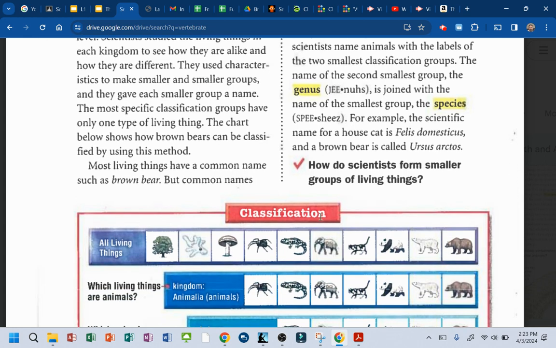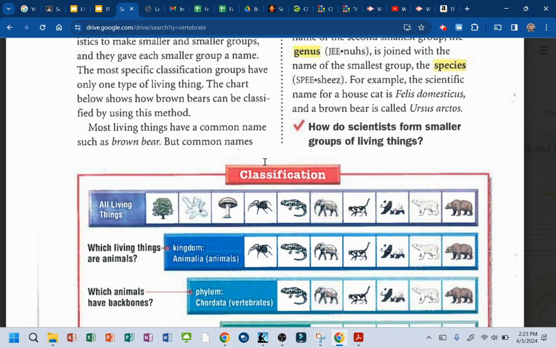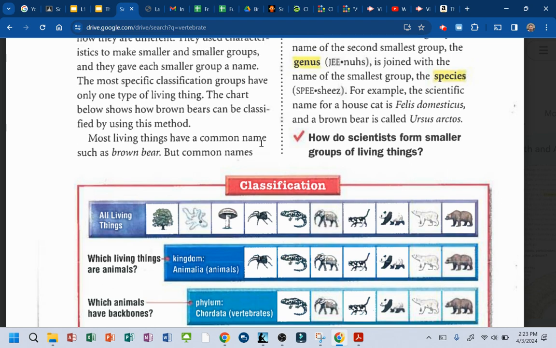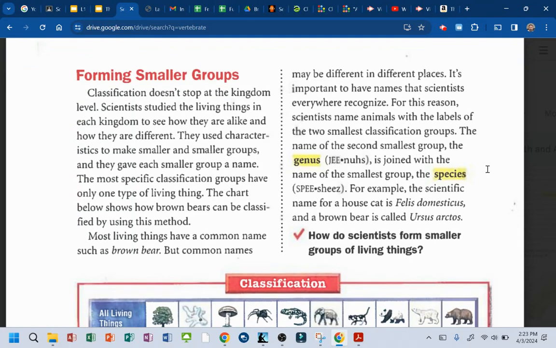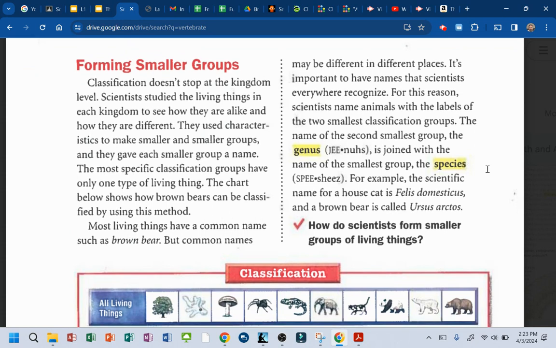The chart below shows how brown bears can be classified by using this method. Most living things have a common name, such as a brown bear, but common names may be different in different places. It's important to have names that scientists everywhere recognize.